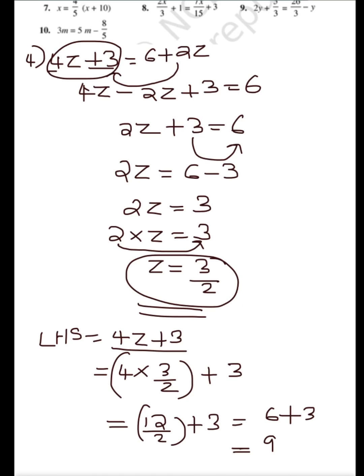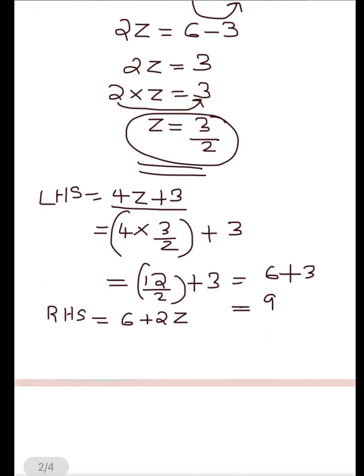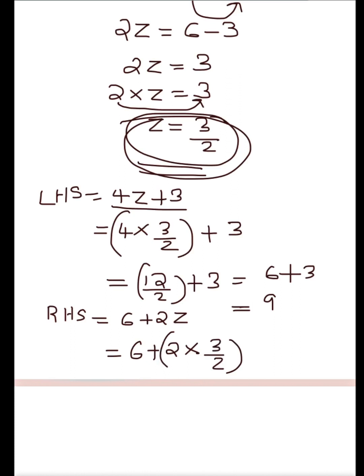That is 9. So you got LHS as 9. Now let's see what is RHS. RHS is 6 plus 2z. Our question, 6 plus 2z, is RHS. Now let's check it. 6 plus 2 into, what is z here? You got the answer as 3 by 2. So z is 3 by 2. Now 6 plus, what is 2 into 3 by 2?